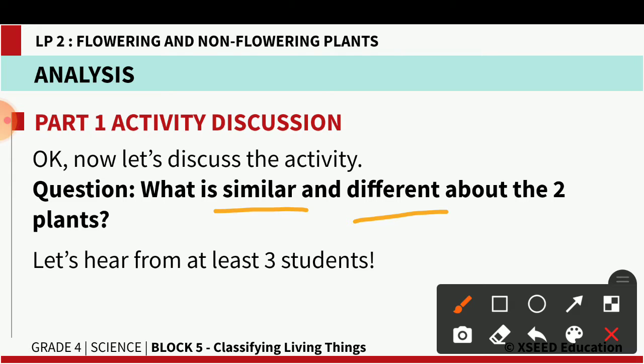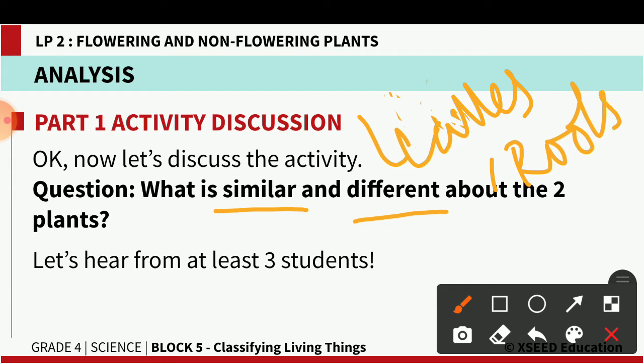Is the similarity that the two plants have flowers? Are they having flowers? No. The two plants have a similarity, that is they have leaves, they have roots, they even have a stem. This is the similar character seen between the two plants.